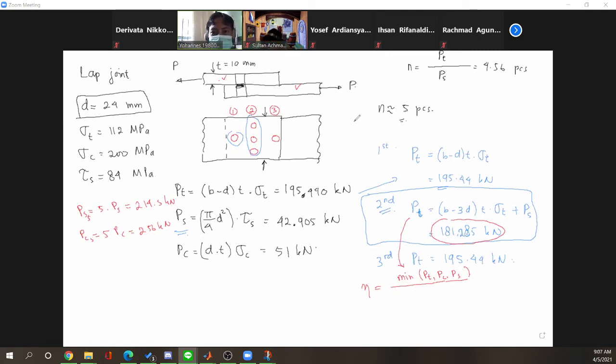Compare with the plate without joint. The tensile strength of the plate without joint should be the width times the thickness times the tensile strength of the plate. And here we have this.